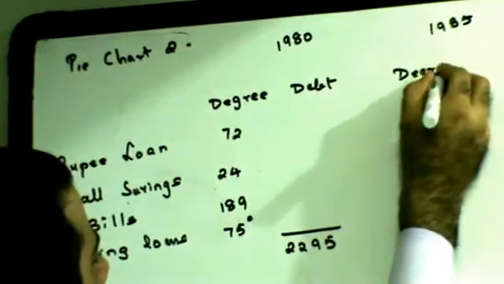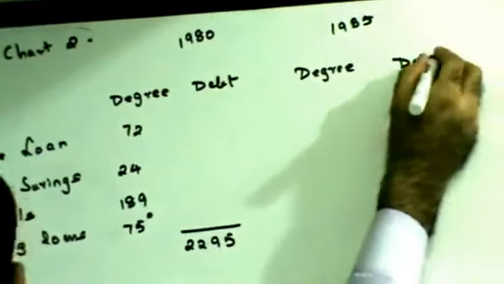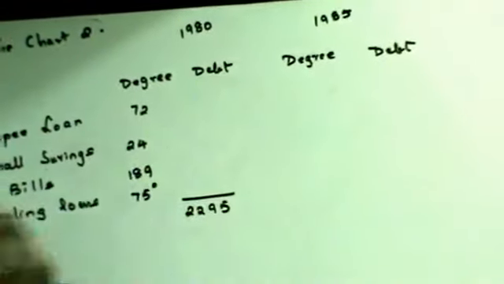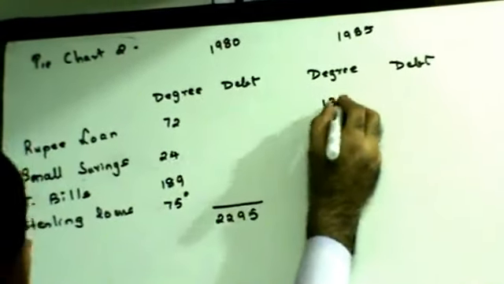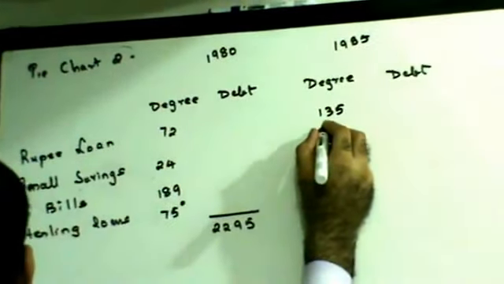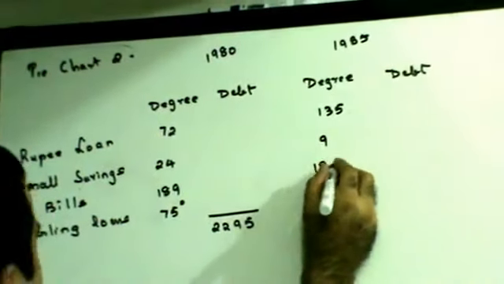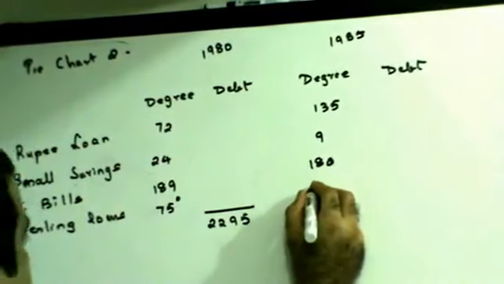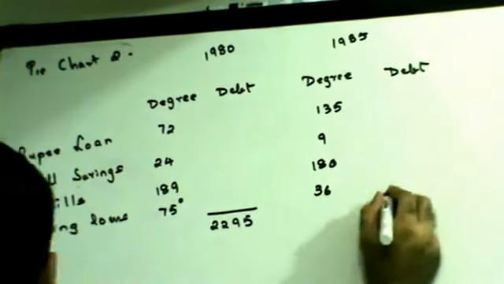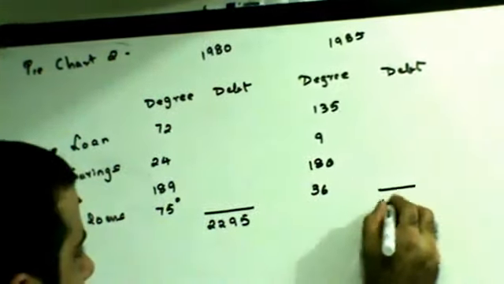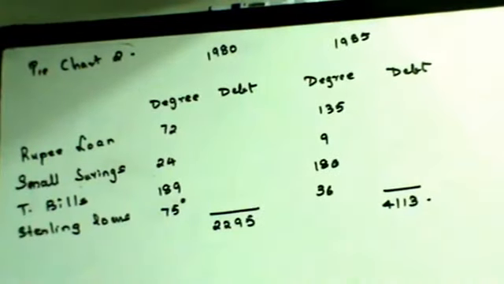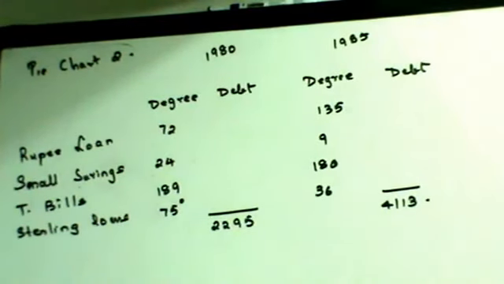Rupee loan 135 degrees, small savings 9 degrees, treasury bill 180 degrees, sterling loans 36 degrees. Total debt is given as 4,113 crores. Now let's first find out the individual debt in different years.